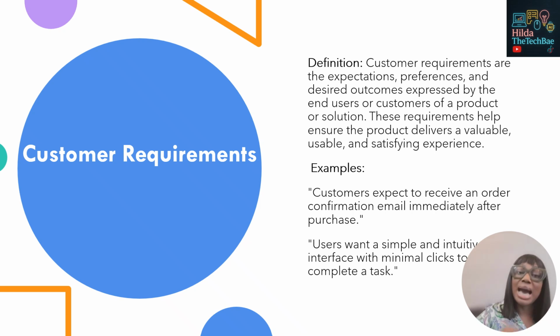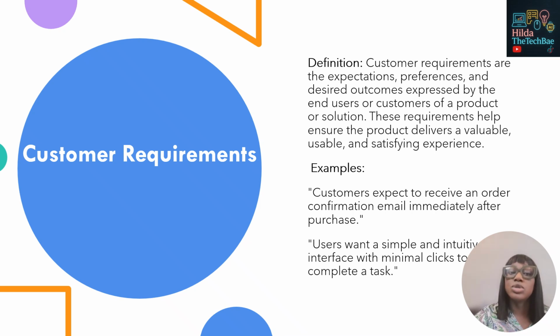They are usually gathered through surveys, usability testing, customer feedback, or direct interaction. So for example, users might expect instant confirmation or a very clean and intuitive interface. Meeting these expectations isn't just about functionality. It is about creating an experience that builds trust and loyalty with your customers.